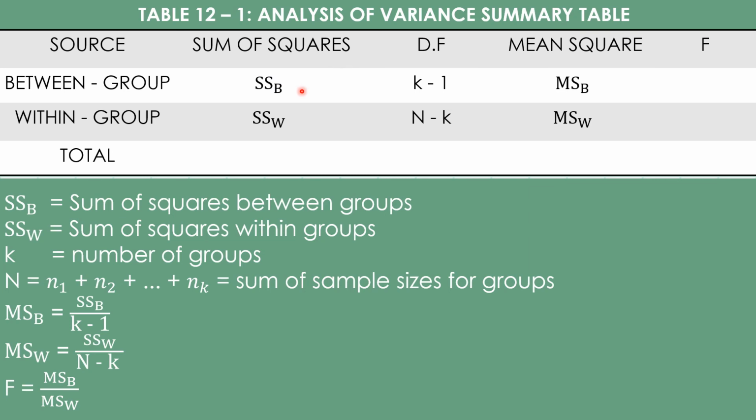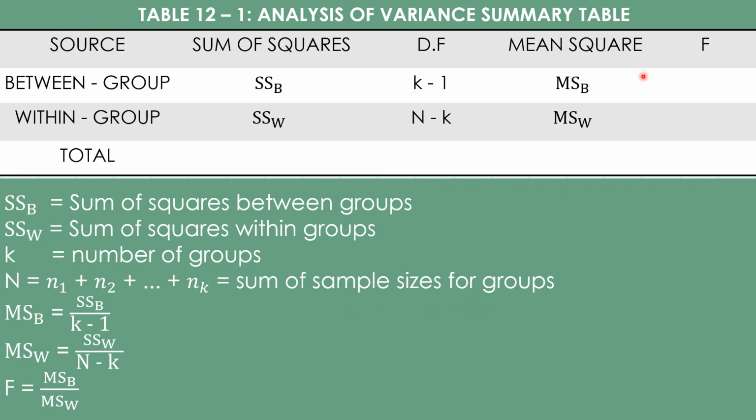The sum of squares between group is denoted by SS sub B. The sum of squares within group is denoted by SS sub W. The degrees of freedom between group is equal to K minus 1, where K is the number of groups. The degrees of freedom within group is equal to capital N minus K, where N is equal to n sub 1 plus n sub 2 up to n sub K, the sum of sample sizes for the groups.